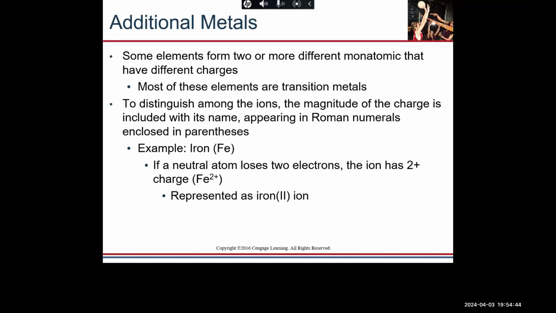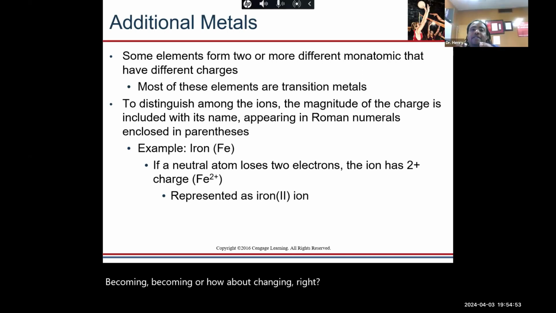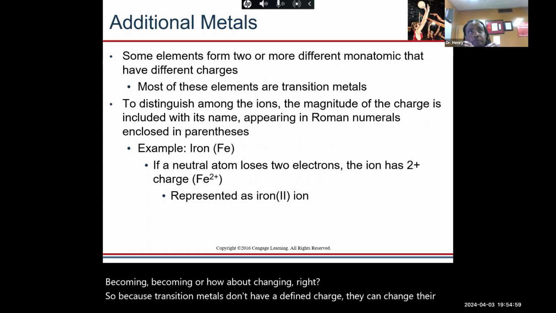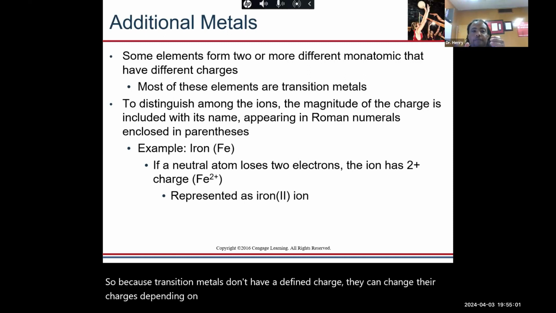Becoming, or how about changing? Right? Yeah. Okay. So because transition metals don't have a defined charge, they can change their charges depending on who they associate with, how you use them. So they can form different types of ions.